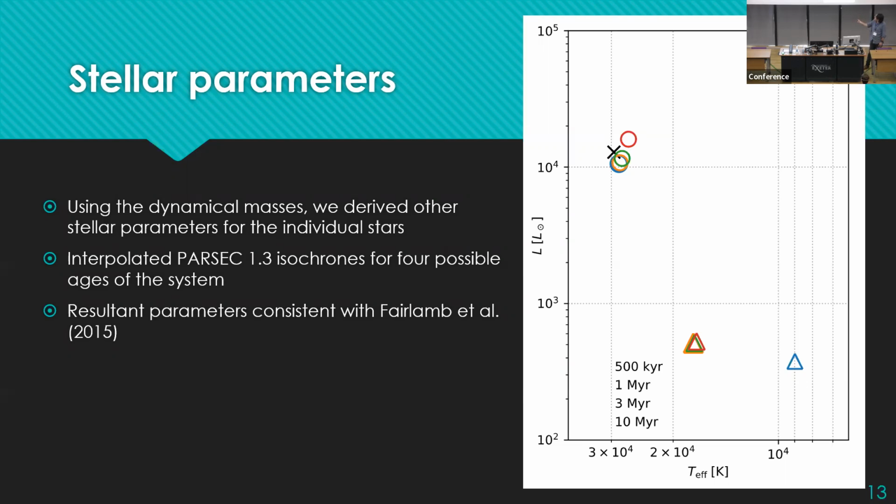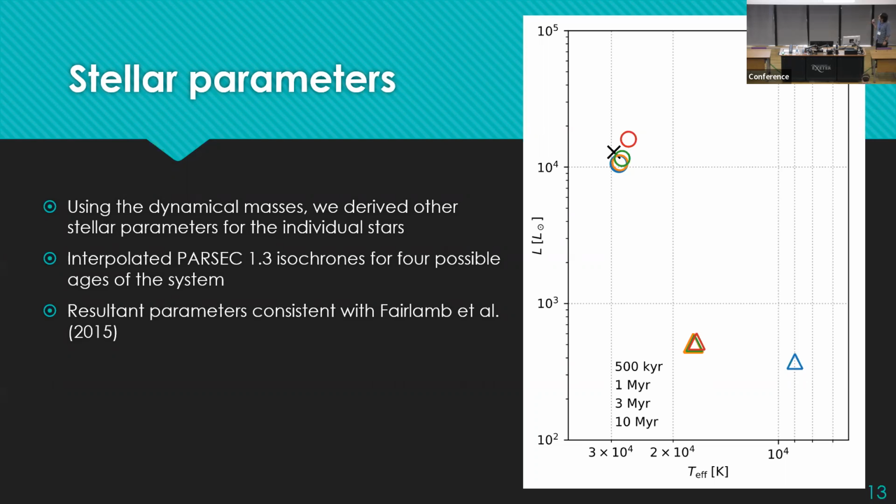If you follow the laser pointer, you can see the secondary star on the youngest age estimate is still quite clearly contracting onto the main sequence, whereas at all ages the primary star is already on the main sequence. This is to be expected from something so massive. Even at 500,000 years old, the primary is going to have evolved onto the main sequence.